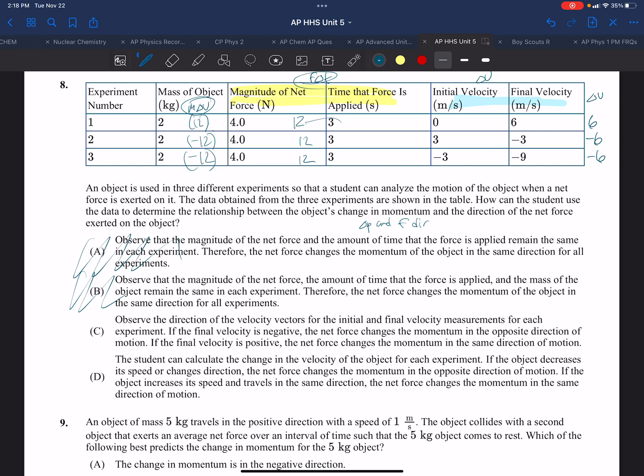Next, we observe the direction of the velocity vectors for the initial and final velocities. If the final velocity is negative, the net force changes the momentum in the opposite direction of the motion. So if the final velocity is negative, let's look at those.